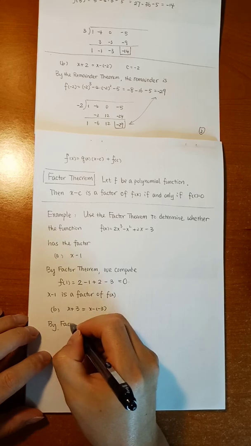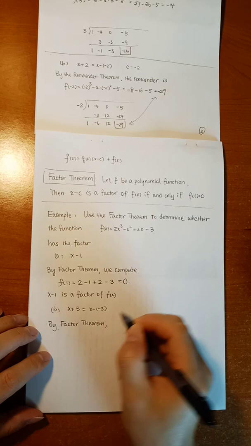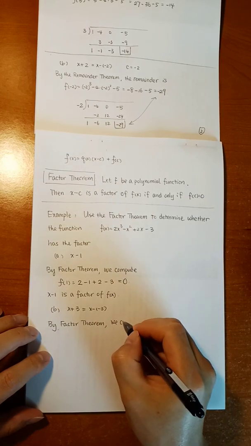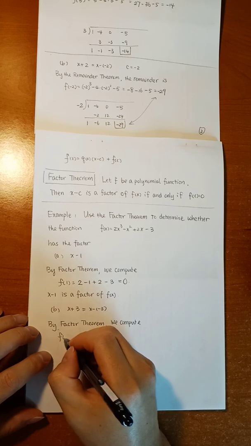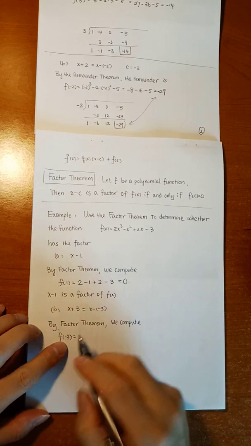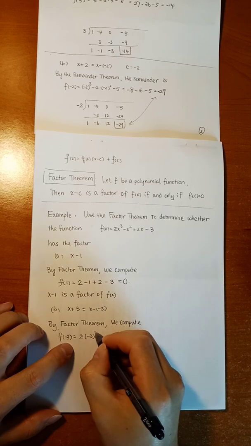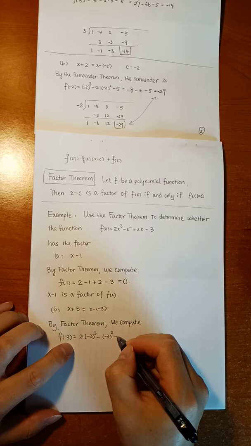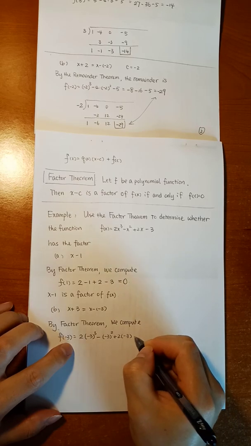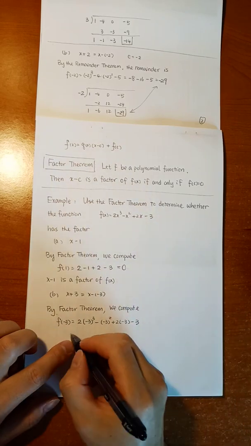So by factor theorem, we compute f of negative 3. So here that's an important thing. It's a negative 3. So you get 2 negative 3 cubed minus negative 3 squared plus 2 times negative 3 and minus 3. Just do substitution.